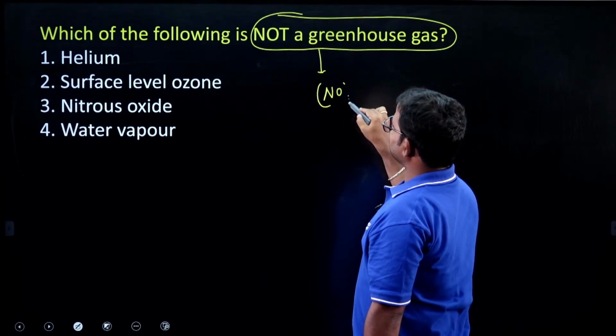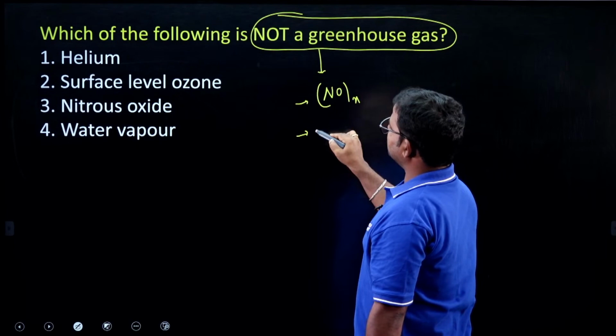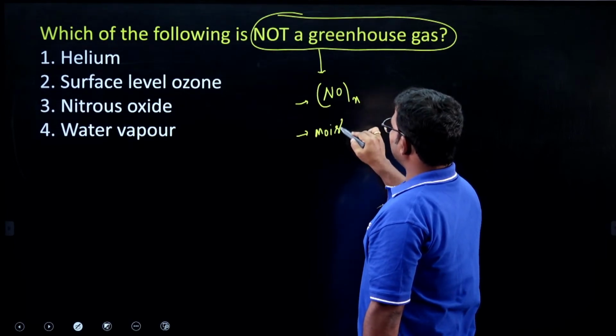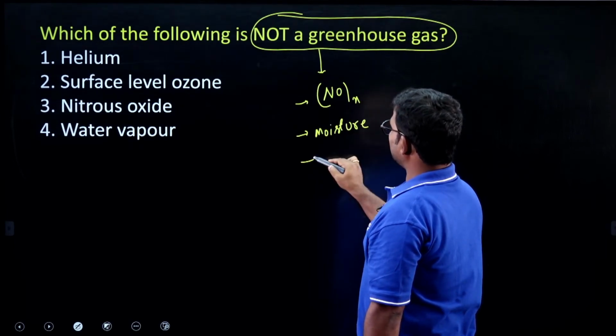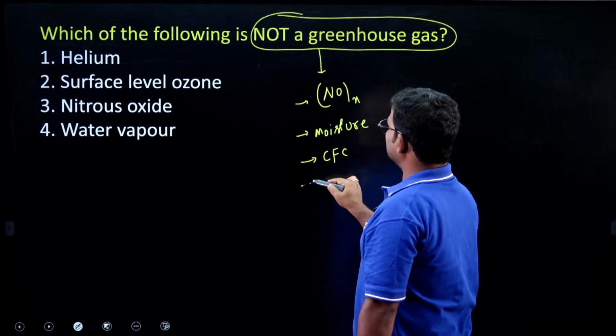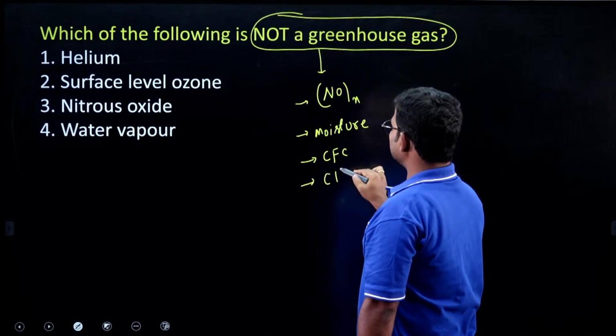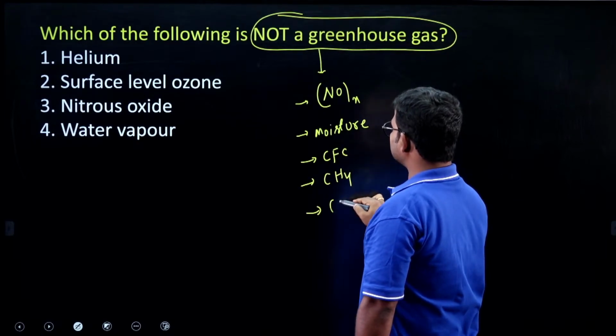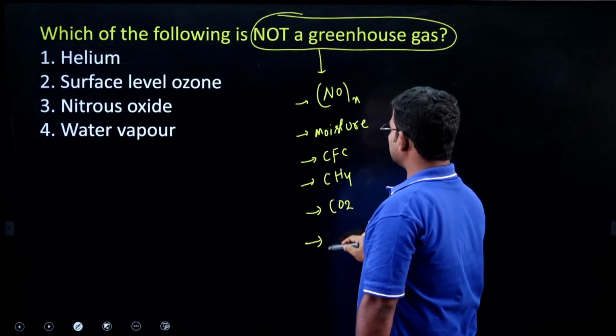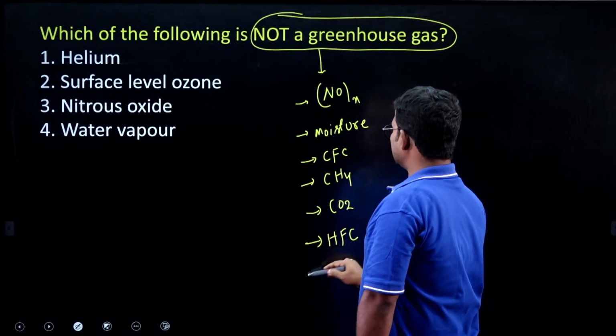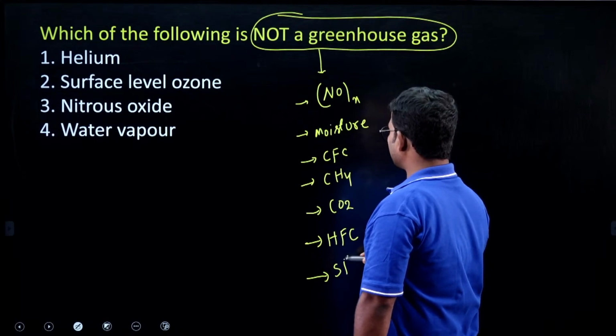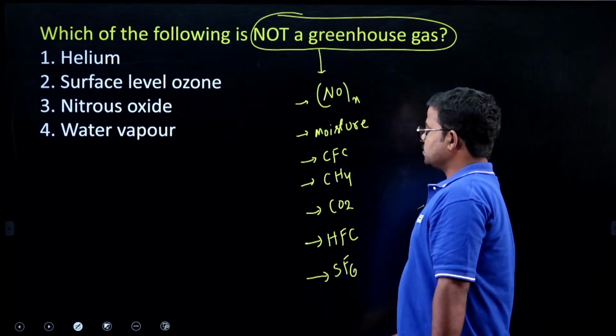Oxides of nitrogen, moisture, chlorofluorocarbons, methane, carbon dioxide, HFC hydrofluorocarbons, sulfur hexafluoride. So these are some of the examples.